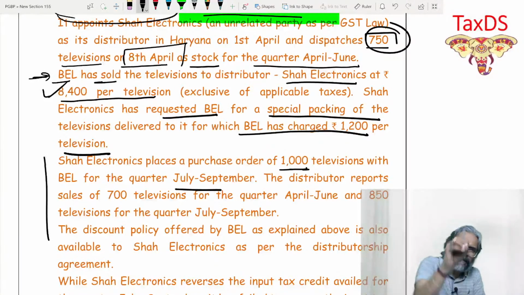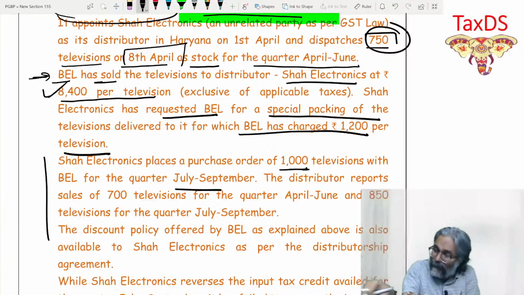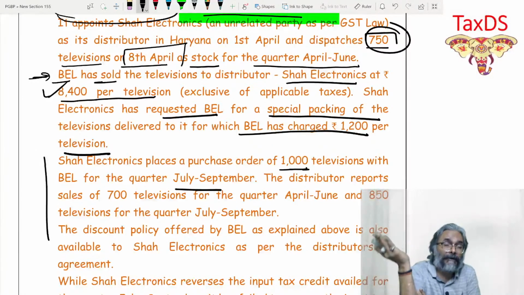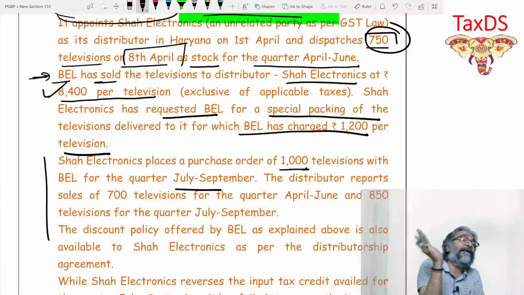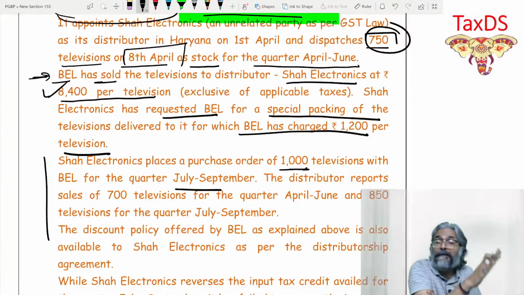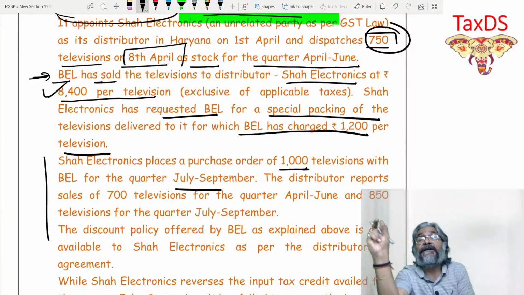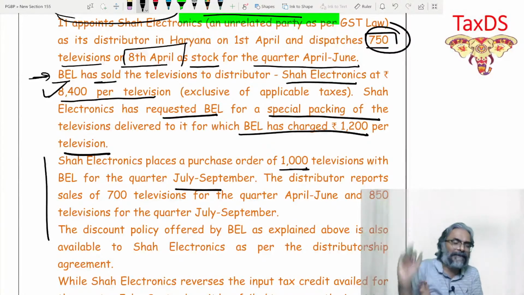But the question here is how much the distributor has sold for these two quarters, because on that basis we will come to know whether the discount has to be given in the supply from the manufacturer to the distributor or not. That will depend upon how many televisions the distributor has actually sold to the customer.